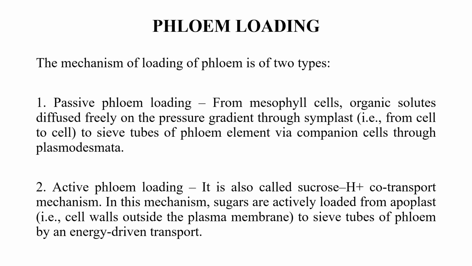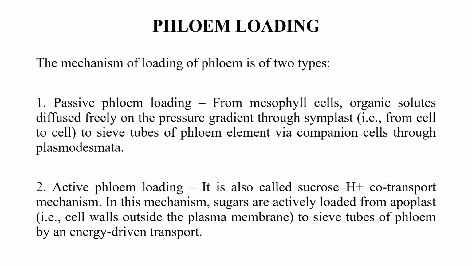So there are two mechanisms involved in the process of phloem loading. These are the passive loading and the active loading. So what is passive loading? When the sugar simply diffuses through plasmodesmata into the companion cell and to the sieve elements of the phloem without energy requirement is called passive loading.